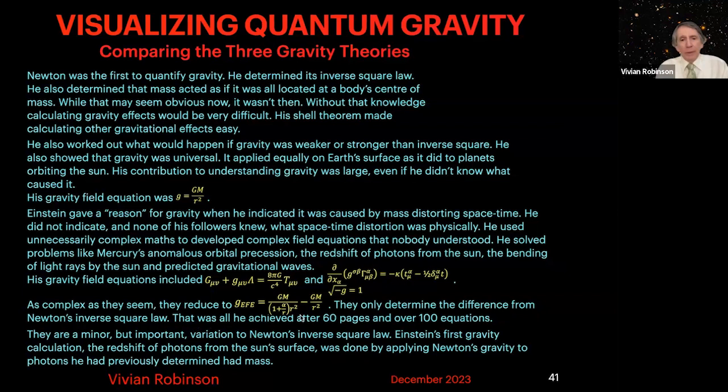That was all he achieved after 60 pages and over 100 equations. They are a minor but important variation to Newton's inverse square law. Einstein's first gravity calculation, the redshift of photons from the sun's surface, was done by applying Newton's gravity to photons he had previously determined had mass.